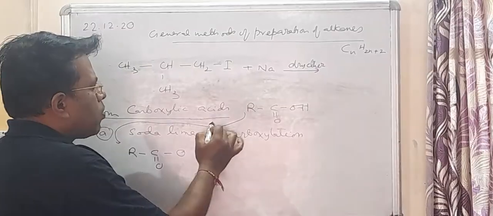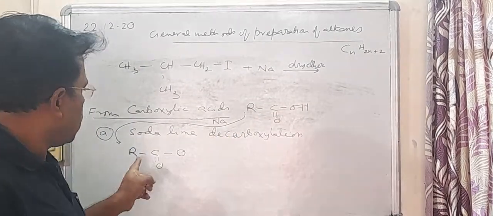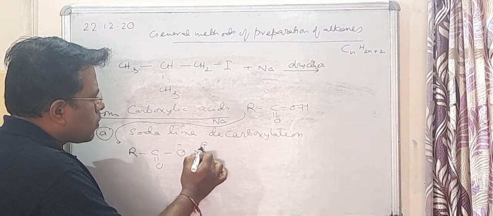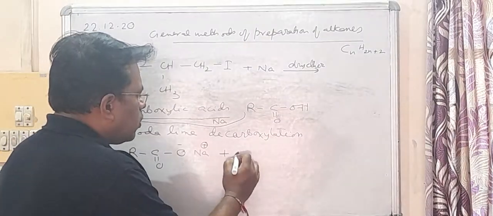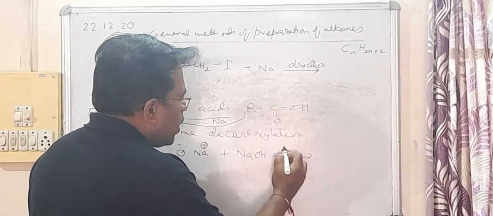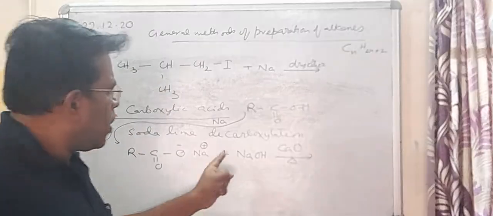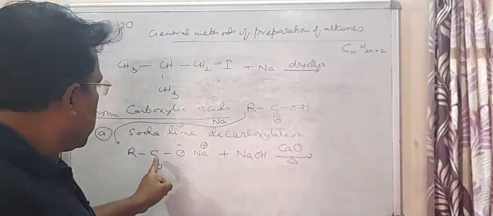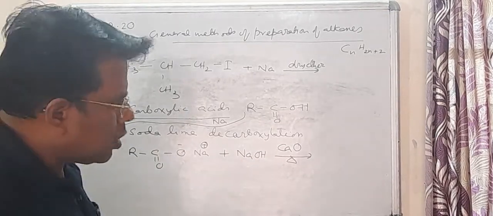If we treat this carboxylic acid with sodium, we get the sodium salt, RCOO- Na+. The sodium salt is heated with soda lime, a mixture of NaOH and CaO, which are solid. These are all solid. It's heated strongly in a test tube.